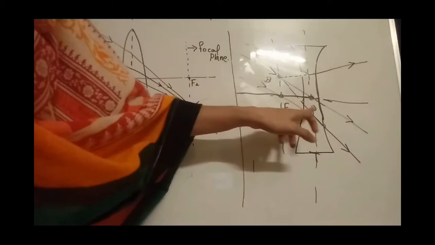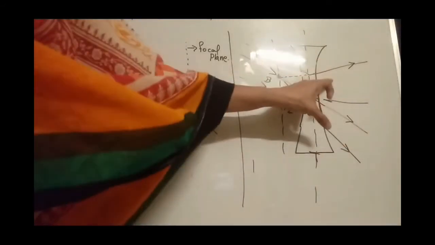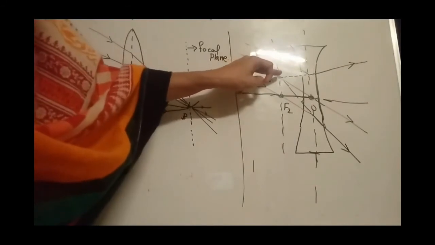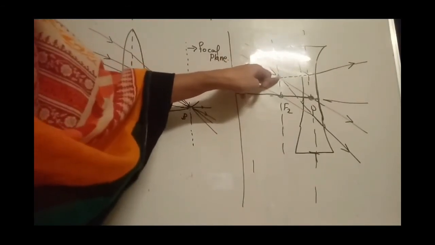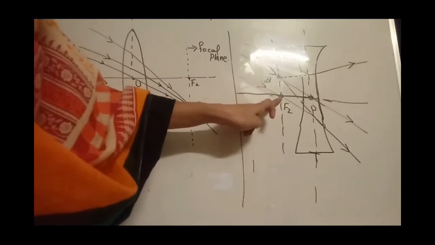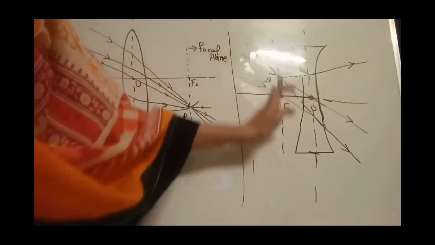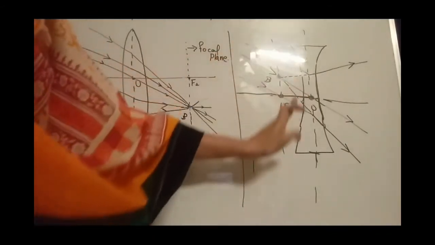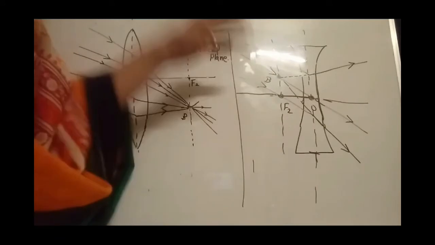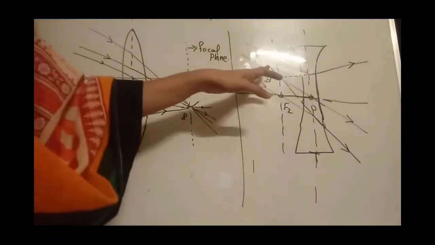The third oblique ray is also diverging, and if you trace back all the divergent rays, you see that all of them will meet at a single point, but that single point is not the focus F2. That will be on the focal plane, but not on the principal axis. Okay, so that is about the oblique ray refraction.